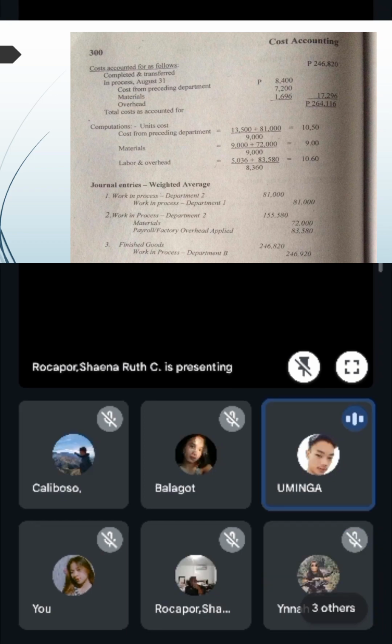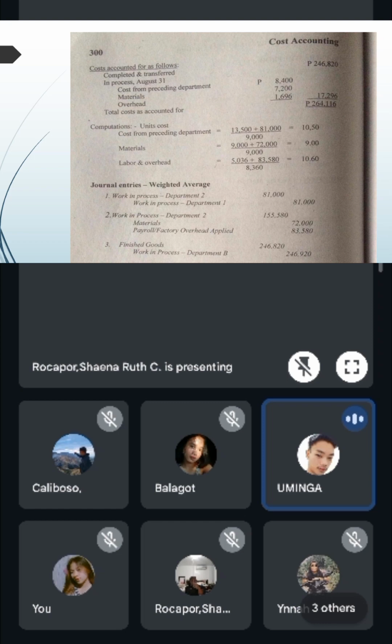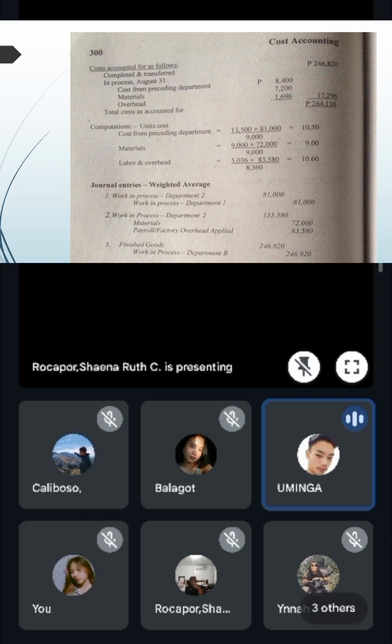Computation of average method. So, how did we get 246,820? It is simply 8,200 times 30.10 equals 246,820 completed and transferred.